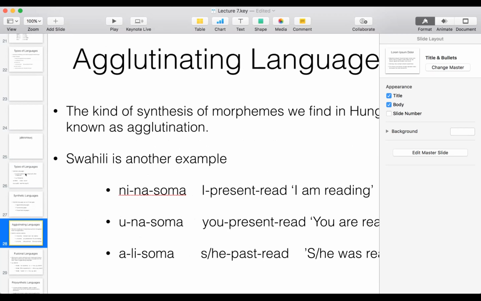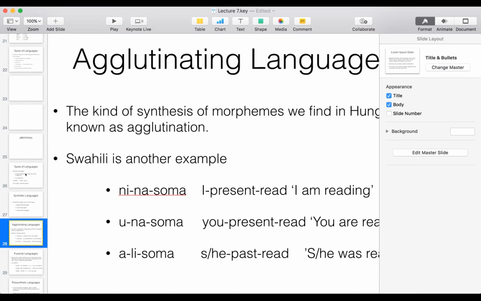As you can see, there's soma, which is the word for read. Depending on the tense and the aspectual marking, you get differences in the prefixation: Nina, Una, Ali. Each of them encodes some kind of present information as well as some kind of past tense information.